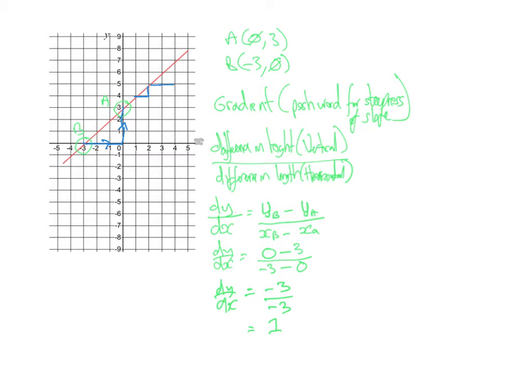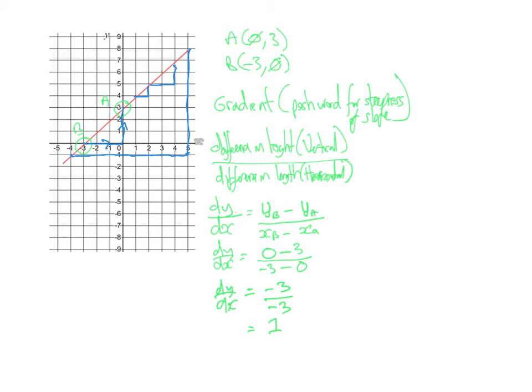Or for every 2 we go along, we go up 2. Or for every 9 we go along, we go up 9. And that's the definition of a straight line. The definition of a straight line is a line that has a constant gradient.